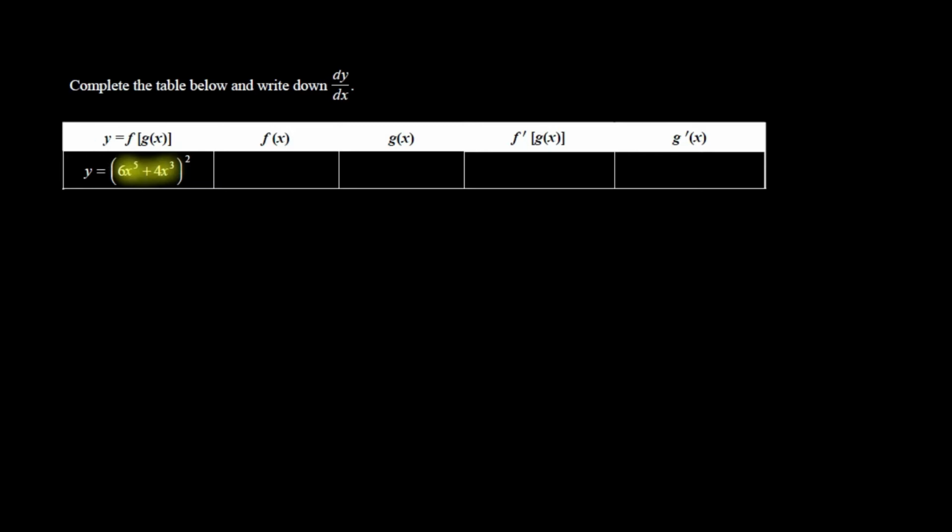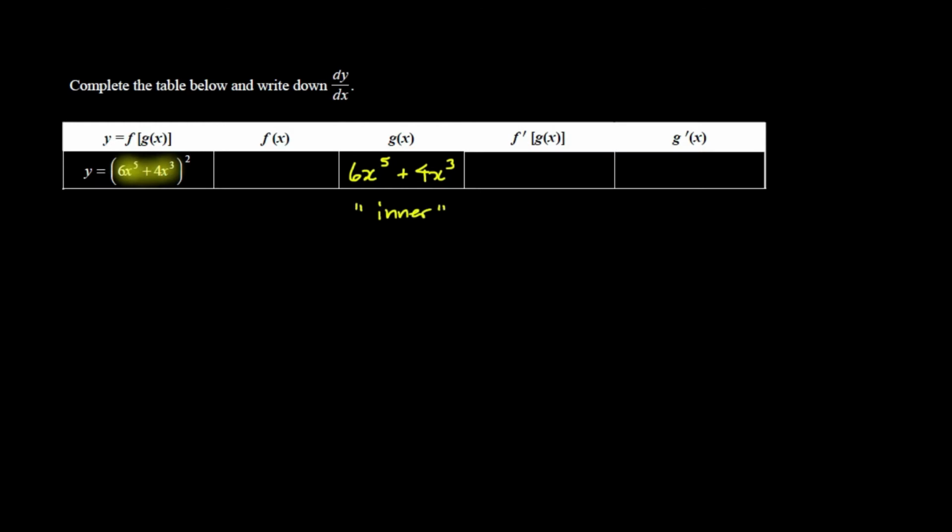So I guess that tells me two things: that my g of x function has to be that 6x to the power 5 plus 4x cubed. This is what g of x is. That's our inner function. If you want to think of it as your inner, quote unquote, works as well.